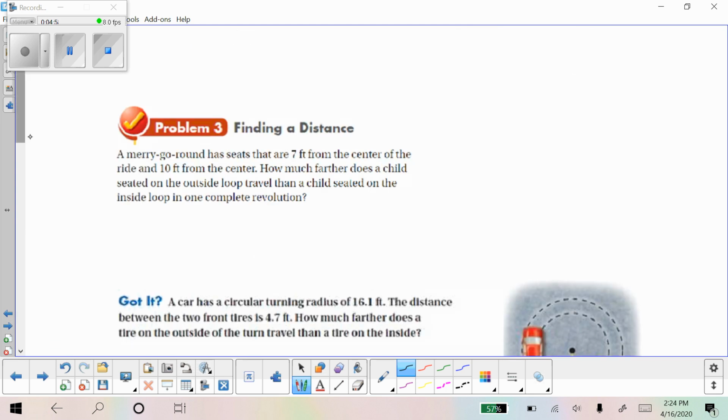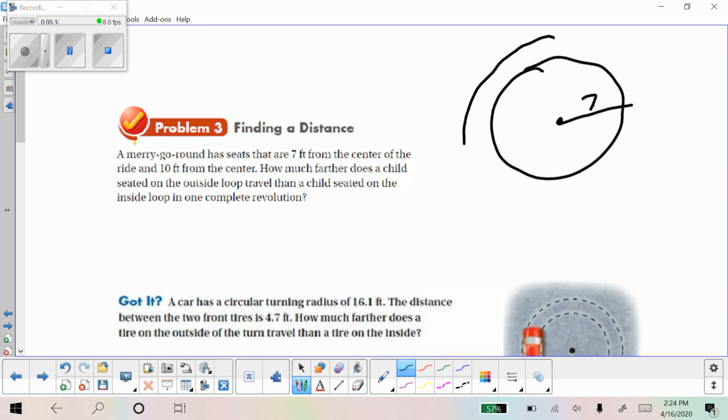So a merry-go-round has seats that are 7 feet from the center of the ride. Draw a little picture. That means our radius is 7 and 10 feet from the center. So the radius out to there would be 10. How much farther does a child seated on the outside loop travel than a child seated on the inside loop in one complete revolution?